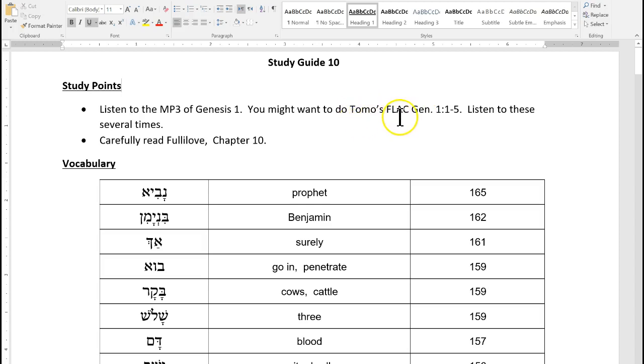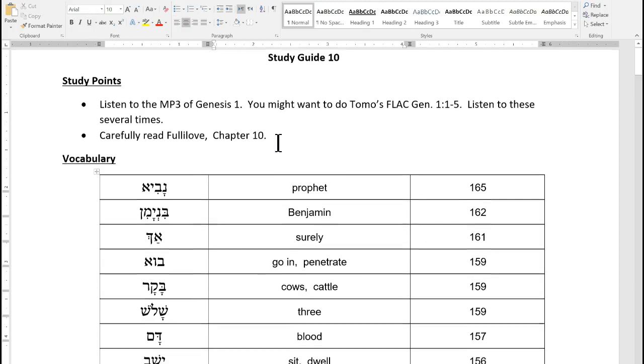He graciously slowed it down and put some breaks. I put that in the Dropbox folder. I think I named it Genesis 1, 1-5, the FLAC file. Carefully read all of chapter 10, very important on the construct state.